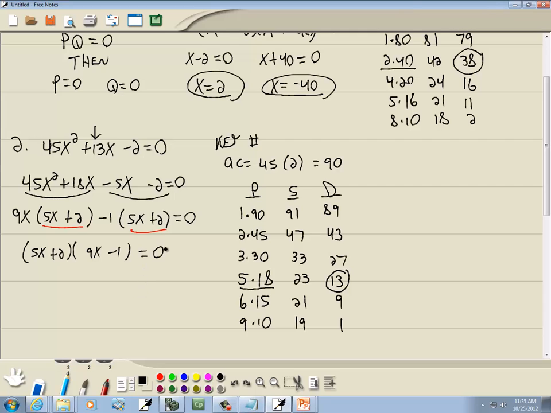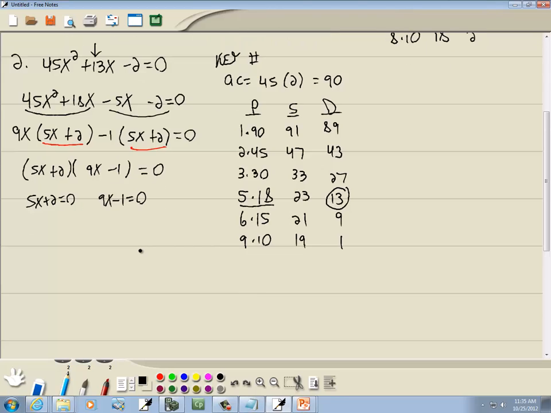Zero factor property. We get 0 on one side, we factor the other side, we set each factor equal to 0. So I'll set 5x plus 2 equal to 0, and 9x minus 1 equal to 0. And then we want to solve these. Take the 2 over to the right side, becomes a negative 2. Take anything across or equals, sign changes. Divide both sides by 5.